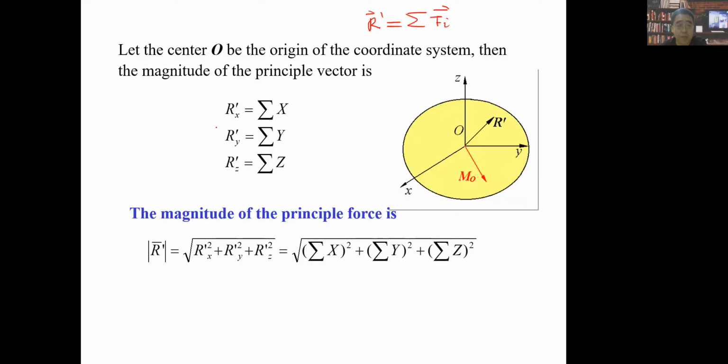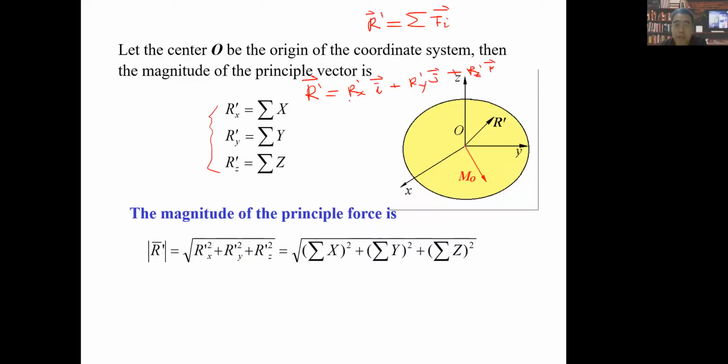So we have these 3 equations. This means our principal vector R prime equals Rx prime i, where i means the unit direction along the positive x direction, plus Ry prime j and Rz prime k.